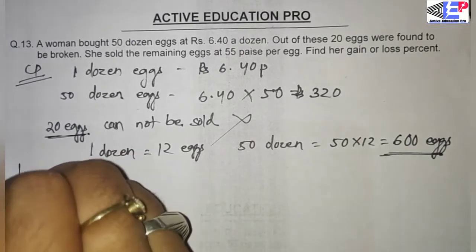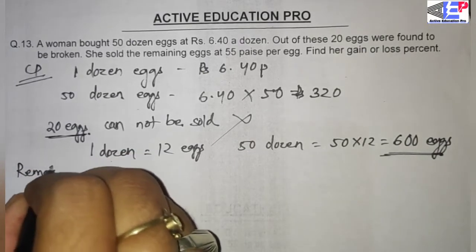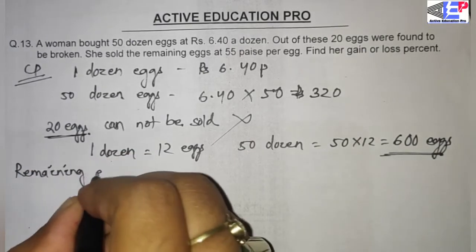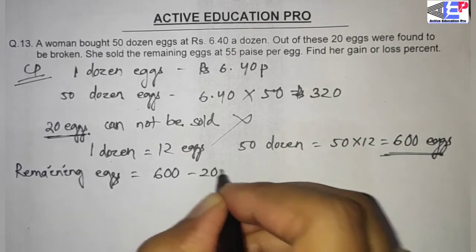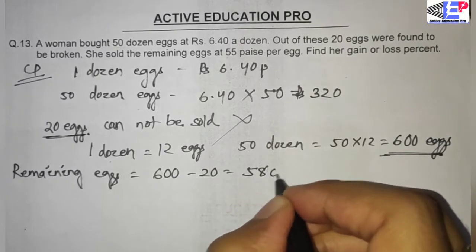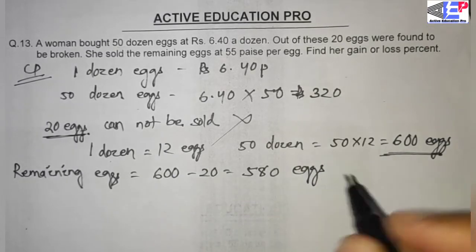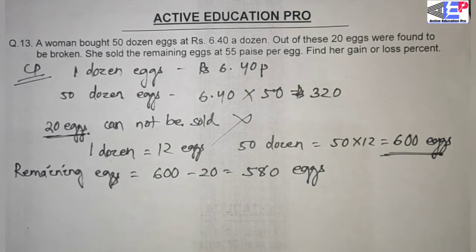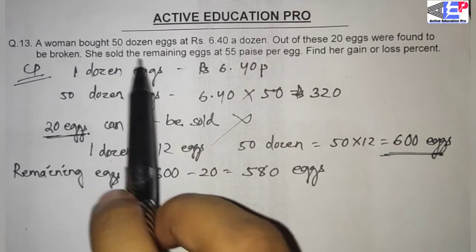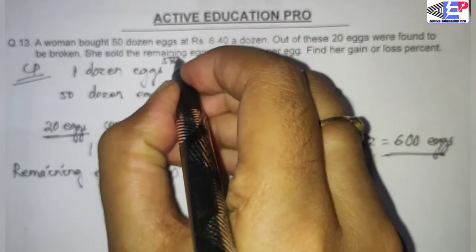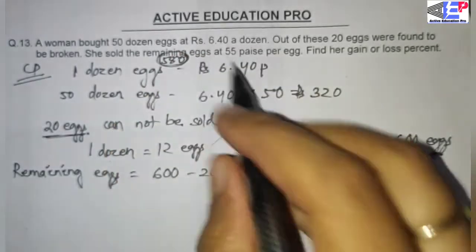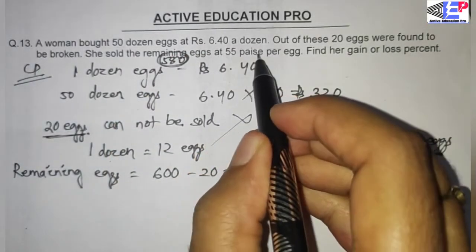So the remaining eggs are 600 minus 20, which is 580 eggs. Now the woman will sell these 580 eggs.